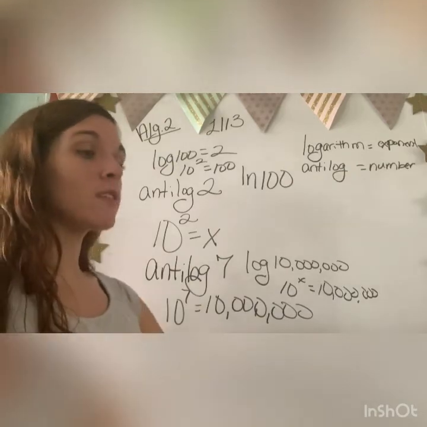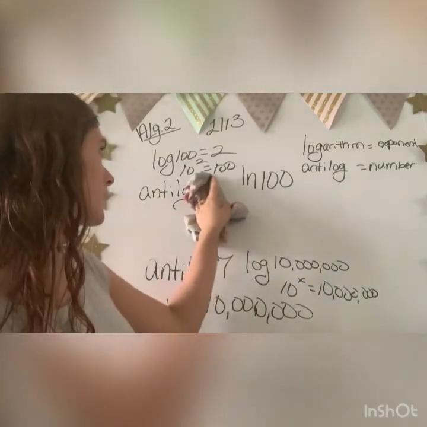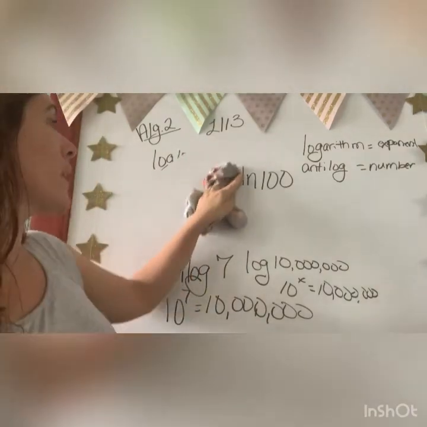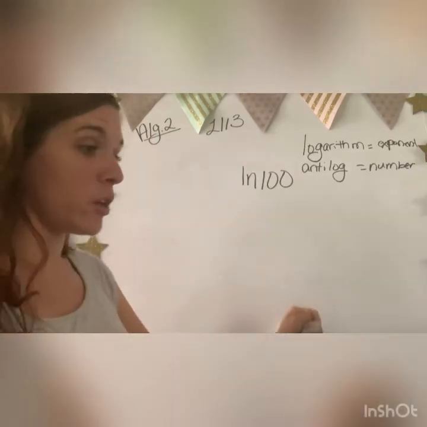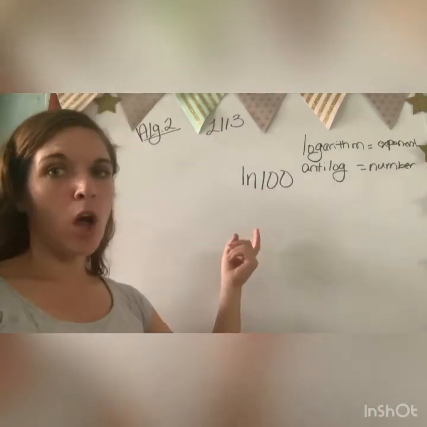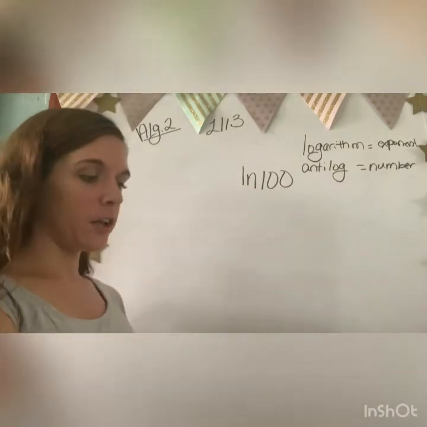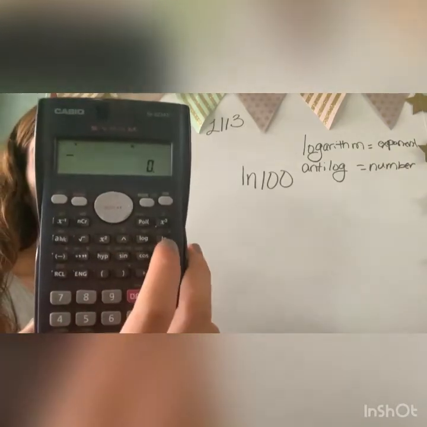Okay? So I told you there's 2 bases that you normally see. So what's the other base? You have log base 10, that's normal. If you put it in your calculator as log, you're going to get base 10. But now there's something called natural log, which has an ln. Find it on your calculator. Right there, right by log, there's an ln.